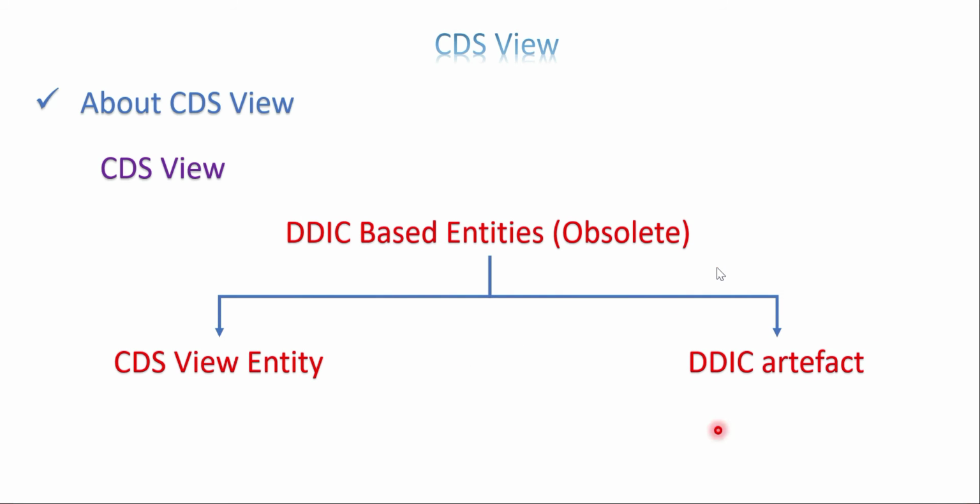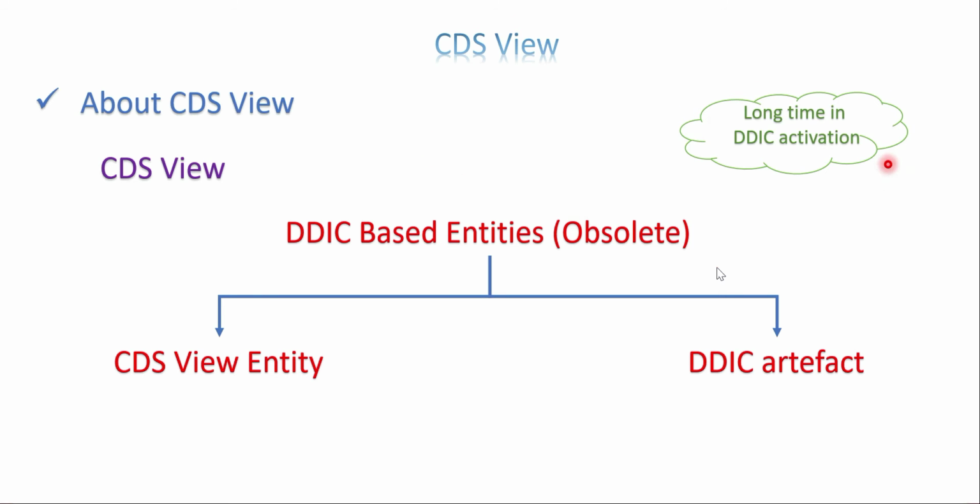And it actually creates two things. One is the CDS view entity, another one is the DDIC artifact. I have noticed they changed the name of the artifact here, just from I to E. So there are two things created at the CDS view level.